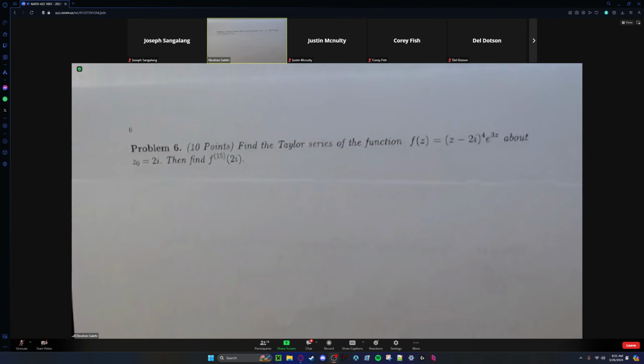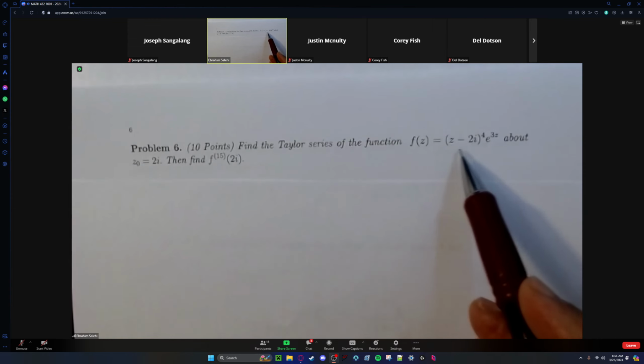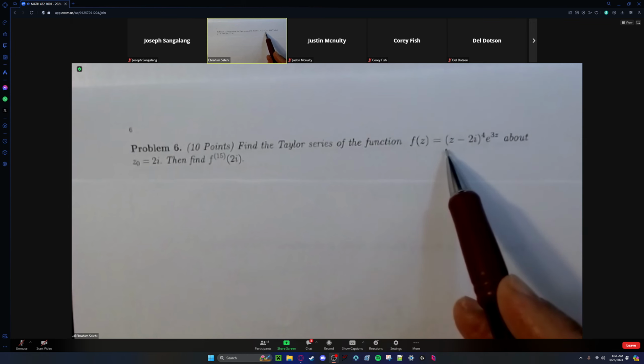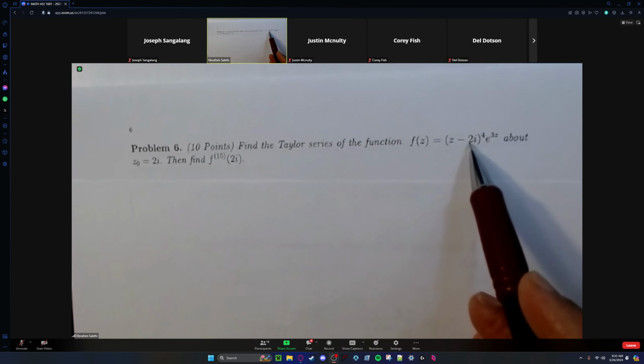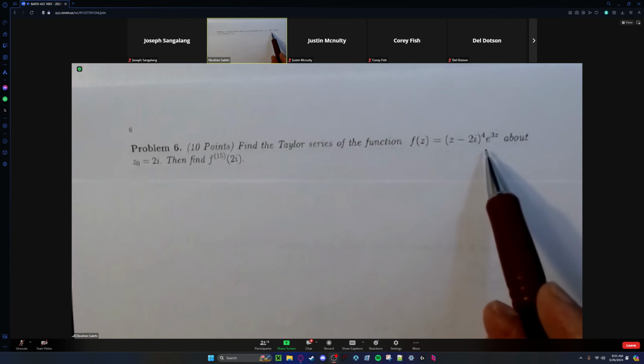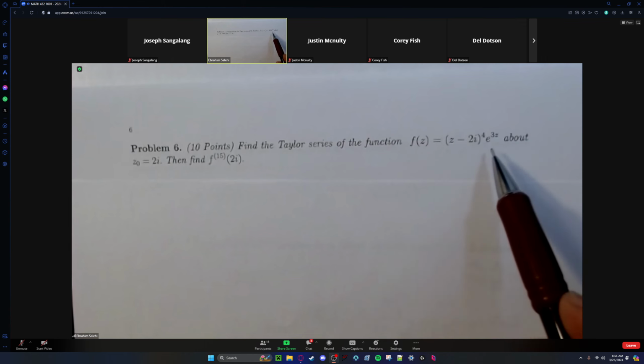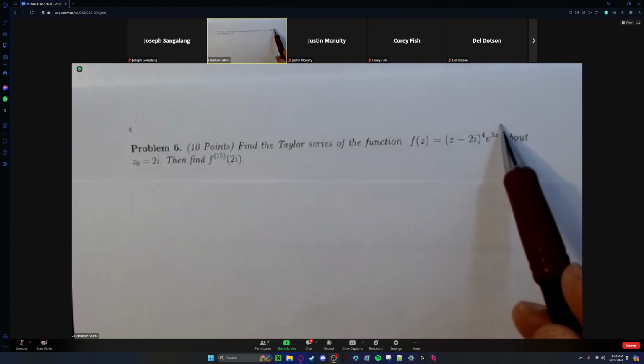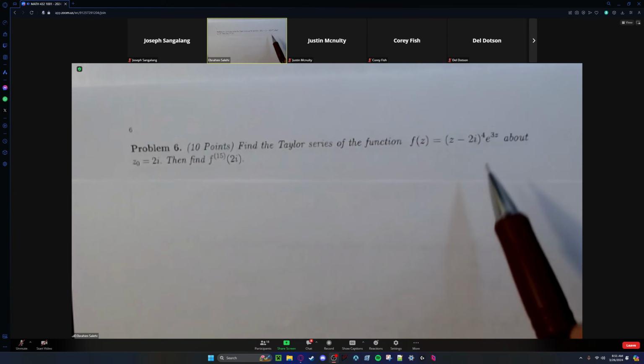Well, this part we don't have any problem with because it is already in the form of z minus 2i. The main problem is right here, e to the 3z.